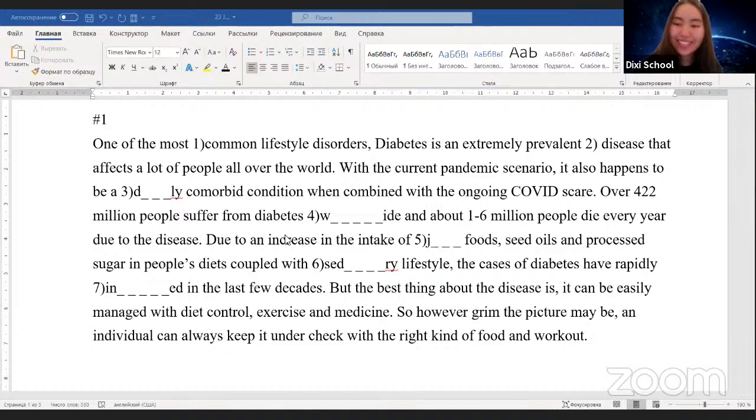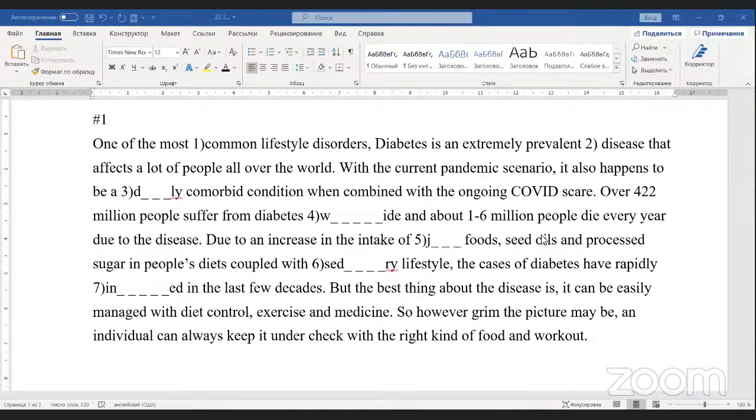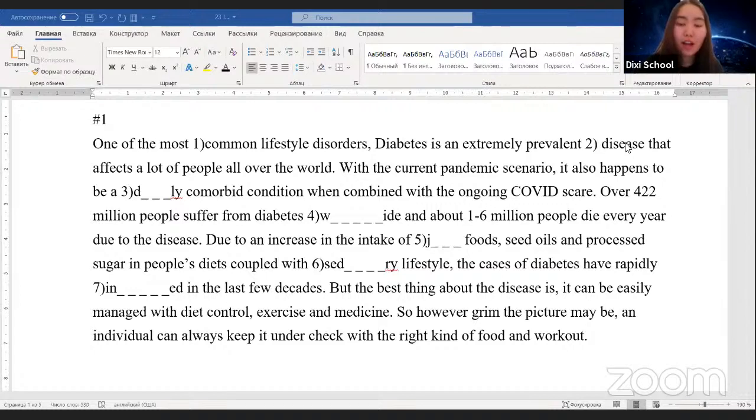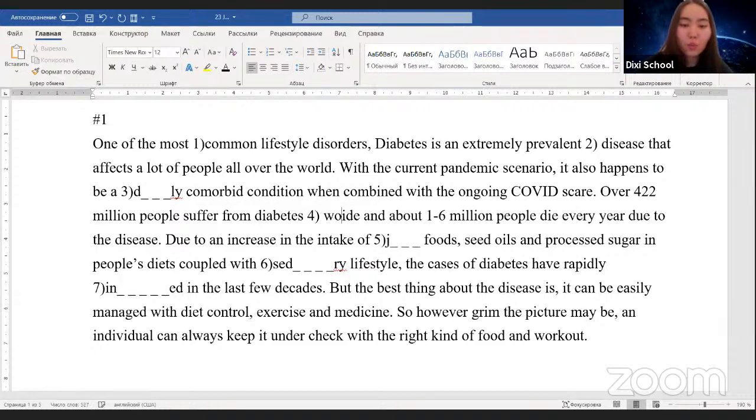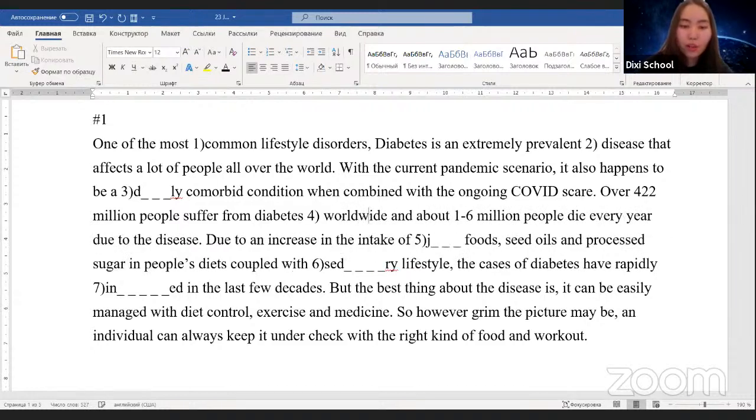So here you can see that there are figures for 422 millions, from 1 to 6 millions people. As you know, probably these statistics are usually taken on the worldwide scale, around the world, and also it can be seen that the first letter here is W, right? So these are the factors by which you can guess that it is worldwide. By the way, do you all understand the meaning of this word? This actually means around the world. Okay, worldwide.